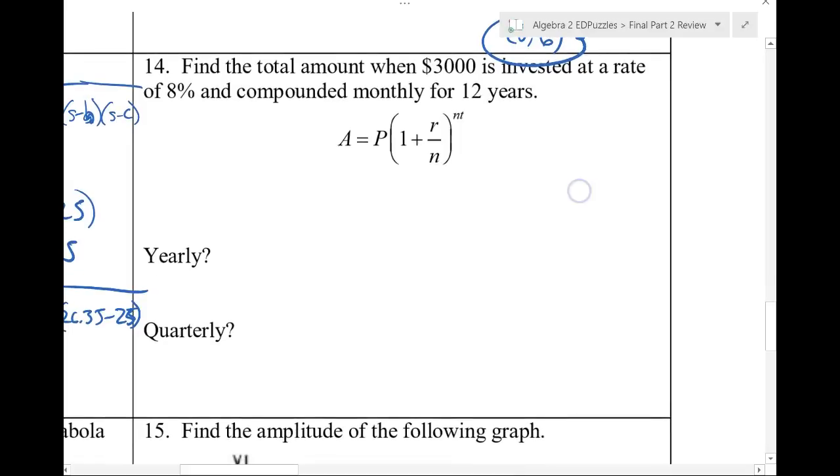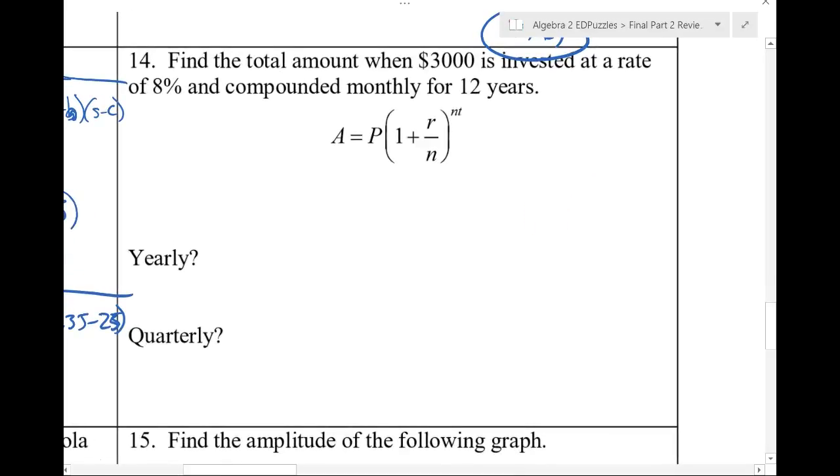Okay, find the total amount when 3,000 is invested at a rate of 8% and compounded monthly for 12 years. So first we know to do monthly, then we have to do yearly and quarterly. So first for the monthly, the principal is what we started with, the 3,000. And then remember, we're just plugging in the values. And then the rate is 8%.